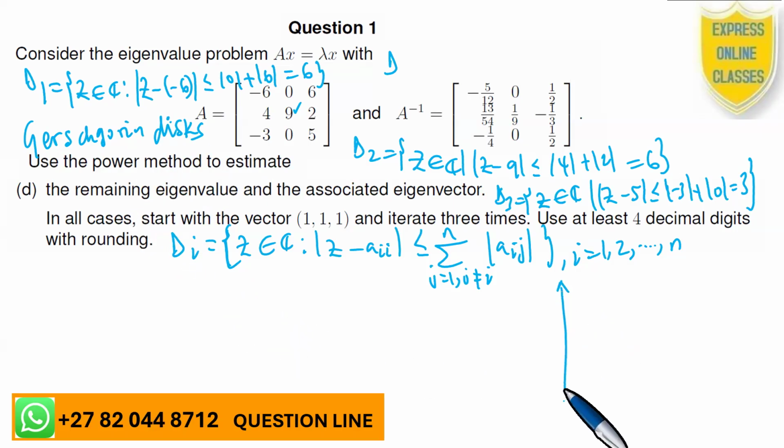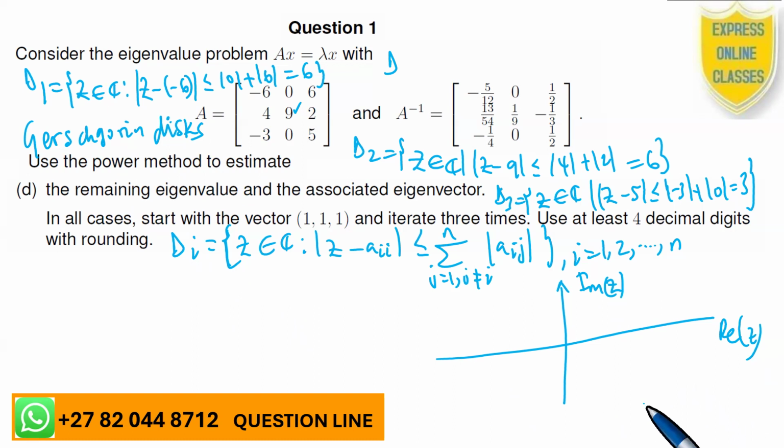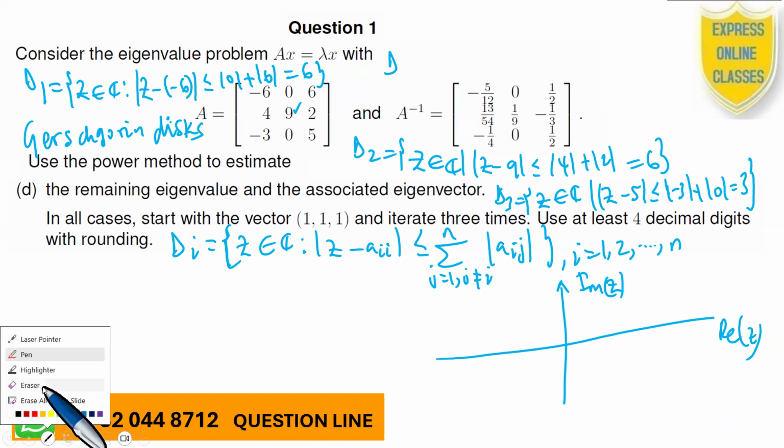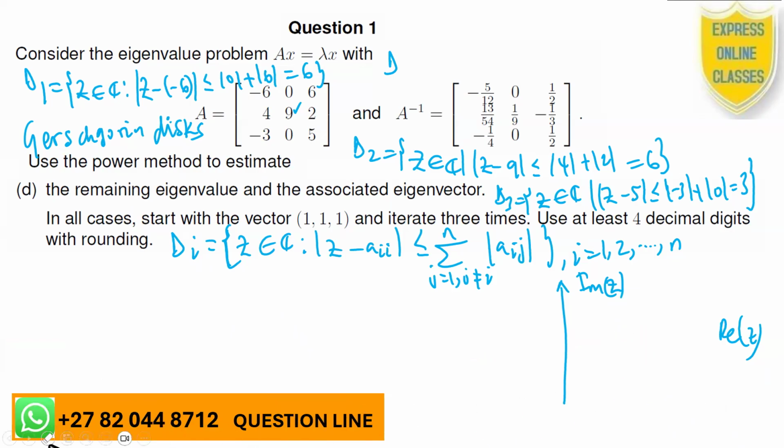Now we have the imaginary axis Z, and then we have the real axis Z, horizontal like this. Now, let's look at disk 1.